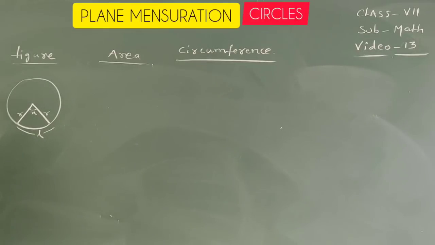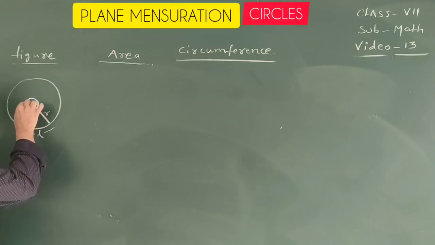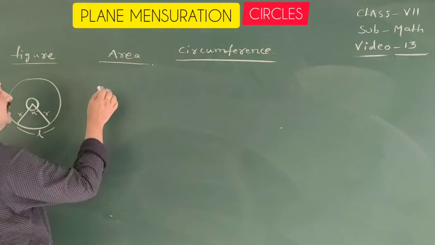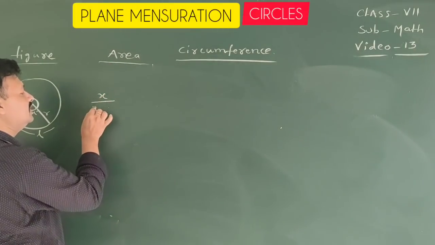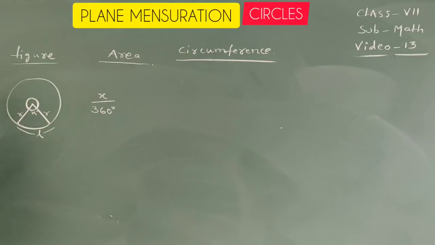Now here x means part of the area. Let us consider the total part. Out of this total we have x, the part. So the area is x by 360. The angle at the center of the circle is 360 degrees.